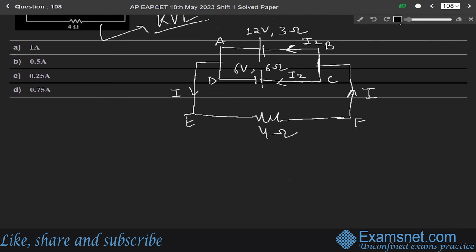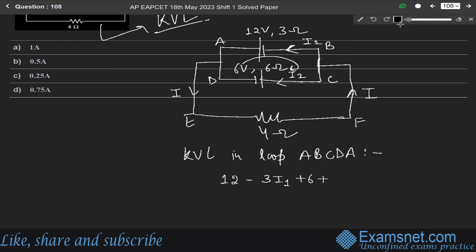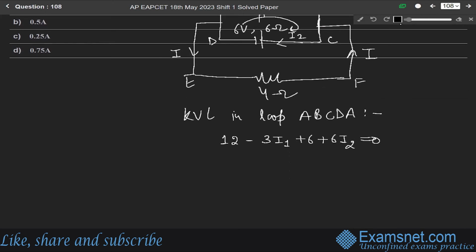Now using Kirchhoff's voltage law in loop A, B, C, D, A. So we get 12 minus (3I1 plus 6I2) equals 0.